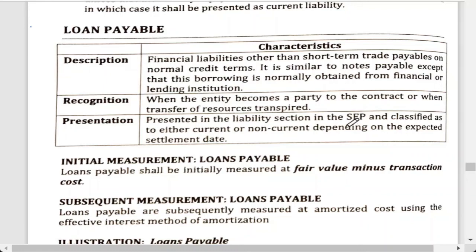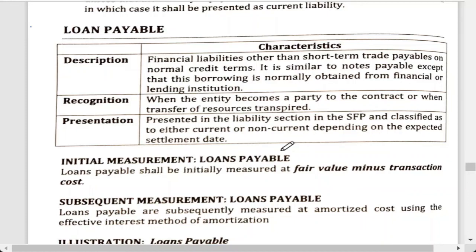So, the amount that should be paid within the next 12 months, if currently due, then current liabilities. If not yet currently due, then non-current liabilities.